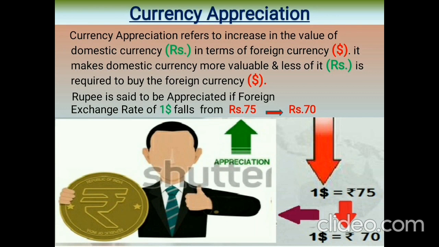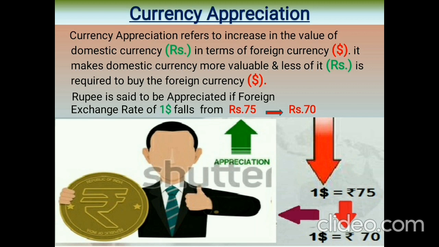It means the value of the domestic currency, Indian currency, increased this time in terms of foreign currency. It makes the currency more valuable. In depreciation, the domestic currency is less valuable. In appreciation, the domestic currency is more valuable and less of it is required to buy the foreign currency. In depreciation, we require more currency to buy foreign currency, but in appreciation, we require less currency to buy foreign currency.